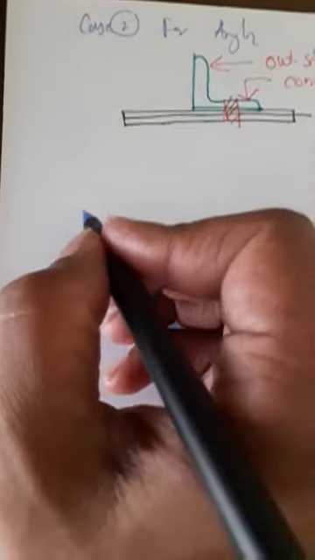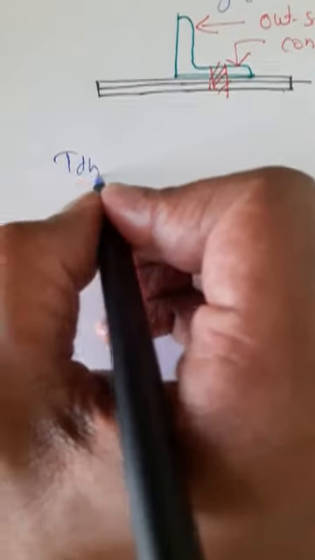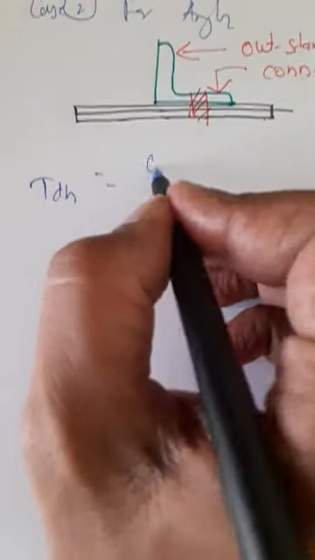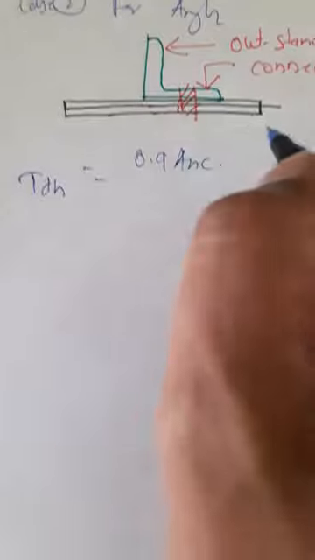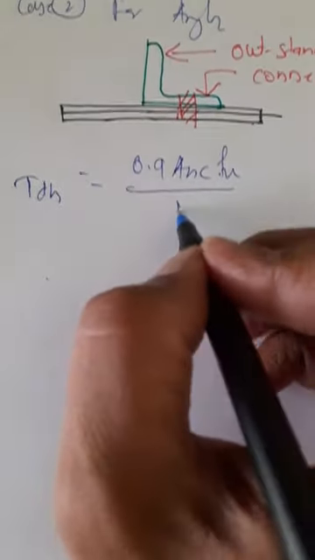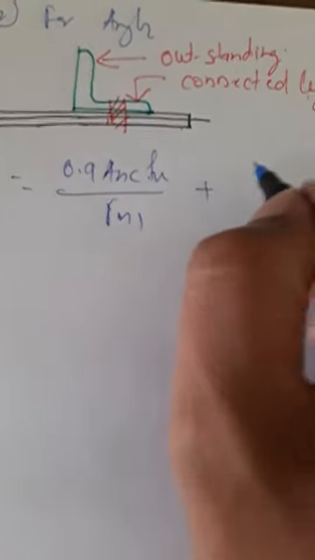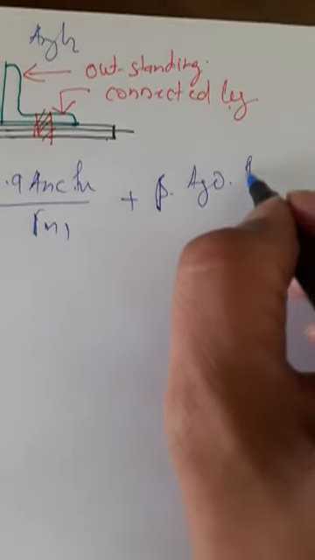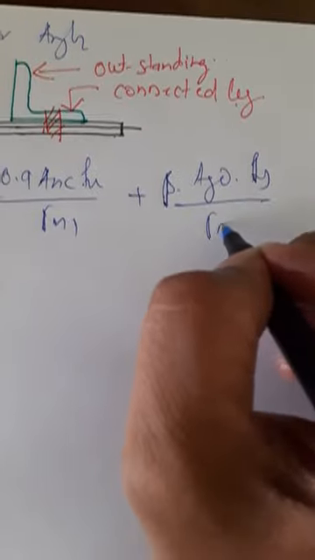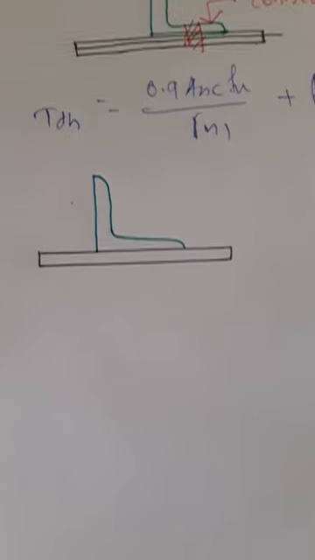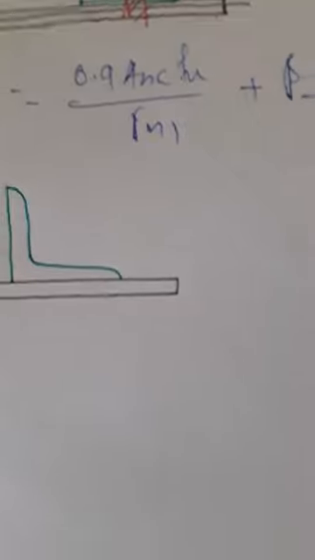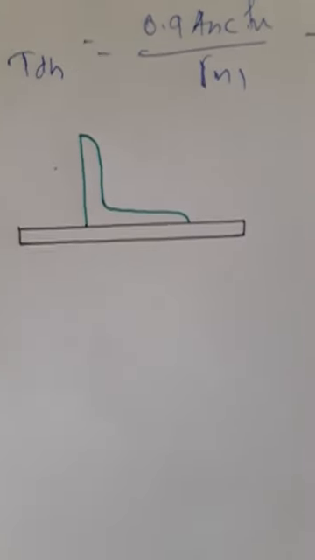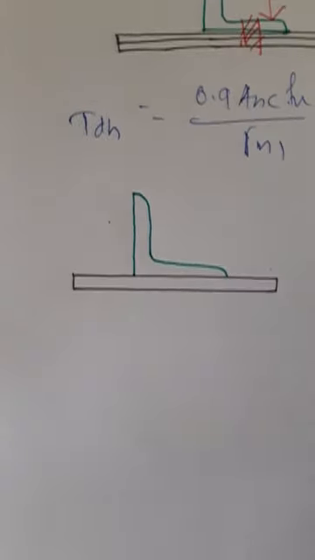Now the equation for the angle TDN is given by 0.9 ANC Fu by gamma ml plus beta AGO Fy by gamma m naught. Now let us consider an angle connected to the gusset plate.